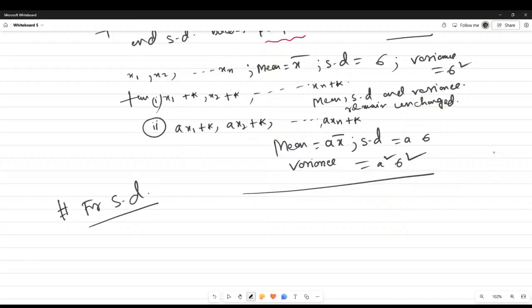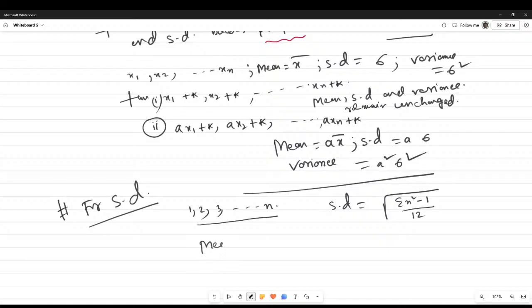Another important thing which you need to remember for any competitive exam where statistics is there: what is the standard deviation for this set of observations? We are going to prove that the SD of the first n natural numbers will be square root of n square minus 1 by 12. How to do it?